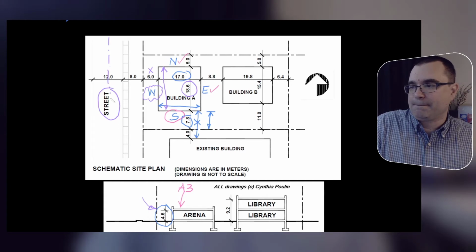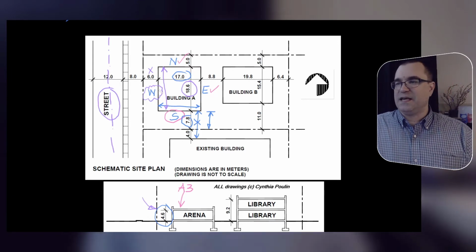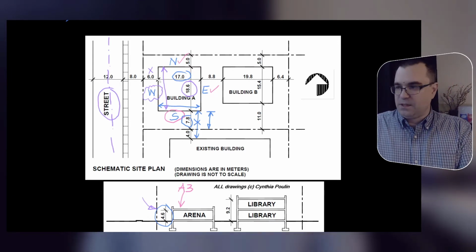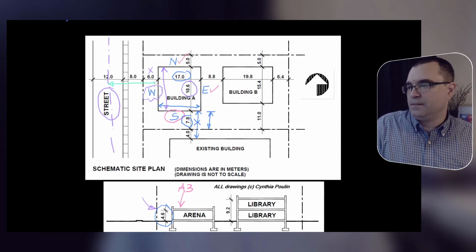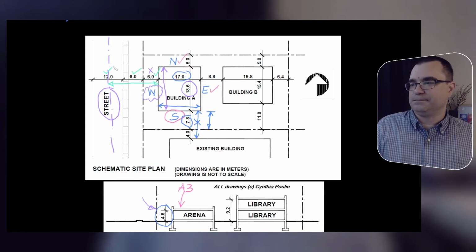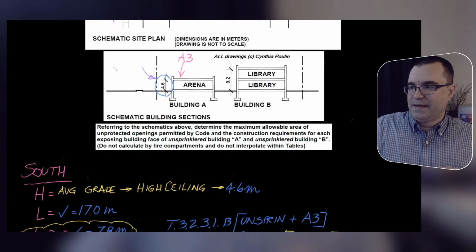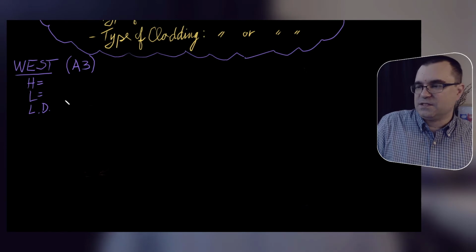Okay? So this instead is what the distance is going to be. It's going to be from the building face all the way to the middle of that street. It's going to be 6 plus 8 plus half of 12. Okay? Well, let me write those things down. Limiting distance first.